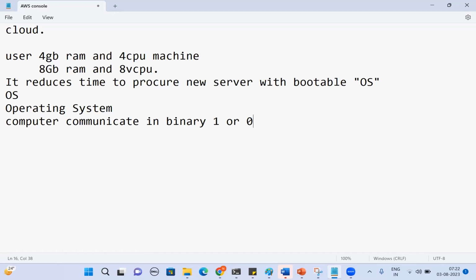But a human cannot understand, configure, or convert requirements into binary all the time. So there should be some alternative for it. The OS will work as an intermediate communicator.